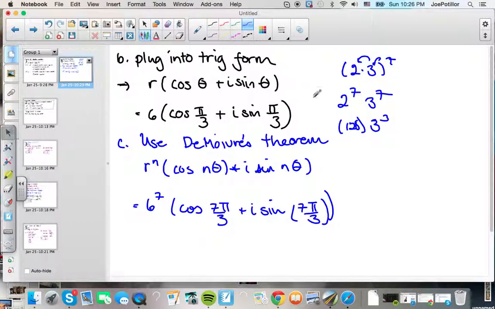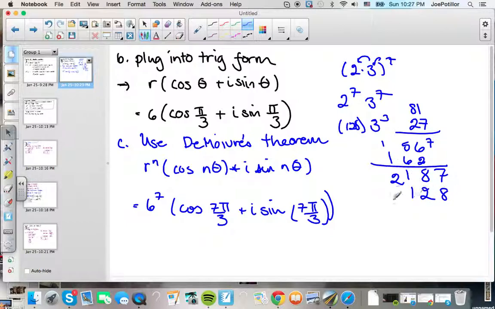So it's 128 times 3 to the 7th, which is 81 times 27, so 2187 multiplied by 128, which will be 6 carry the 5, so on and so forth.